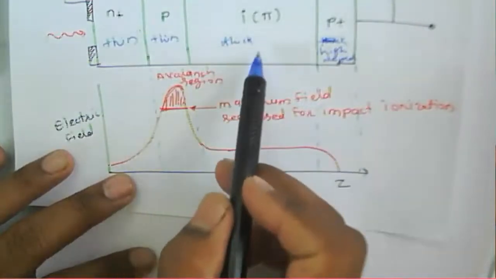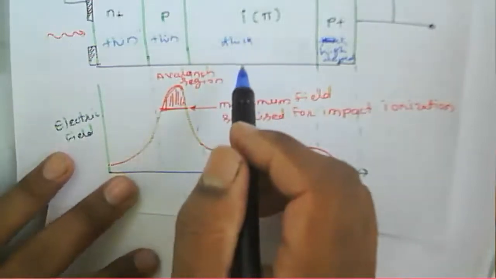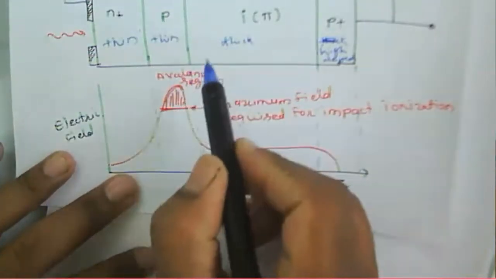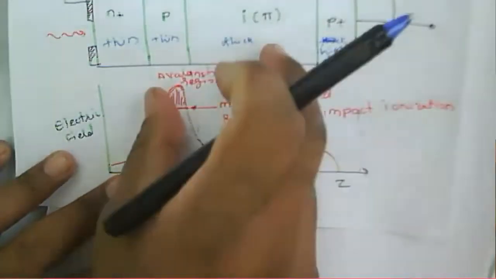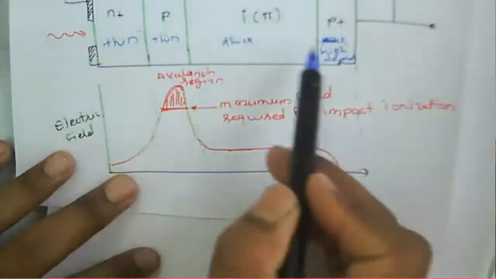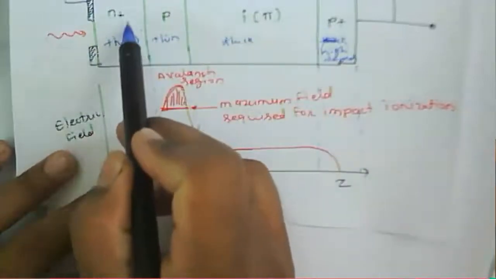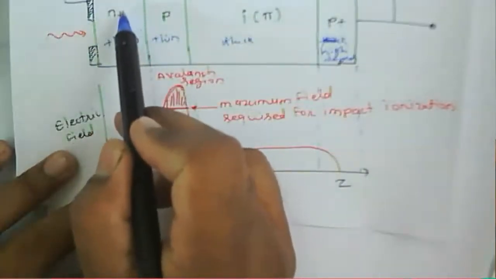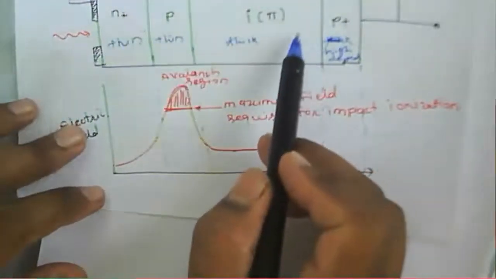Then the electrons and holes that are generated, because of this high field, drift toward the n plus and the p plus regions. So the electron and hole pairs drift toward this n plus and p layer there.